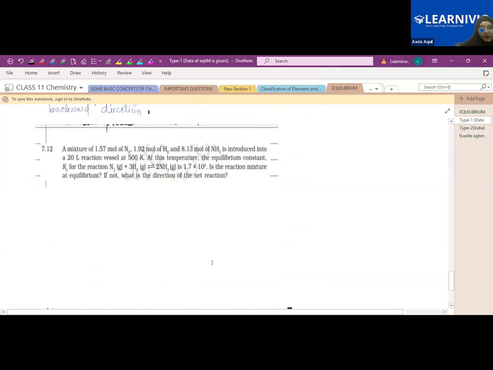Okay. Now moving to the next question. See this question. A mixture of 1.57 mole of N2, 1.92 mole of H2, and 8.13 mole of ammonia, NH3, is introduced into a 20-liter reaction vessel at 500 Kelvin.